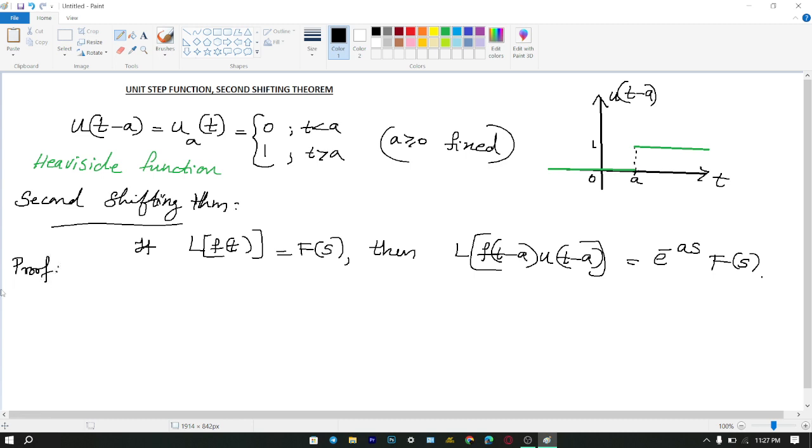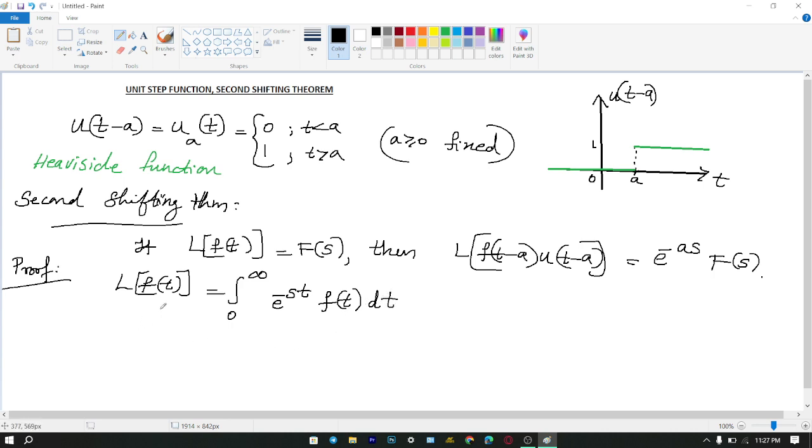We can consider the proof also. First, we consider the formula of L of f of t. That is, we know L of f of t equals the integral from 0 to infinity e raised to minus st f of t dt.